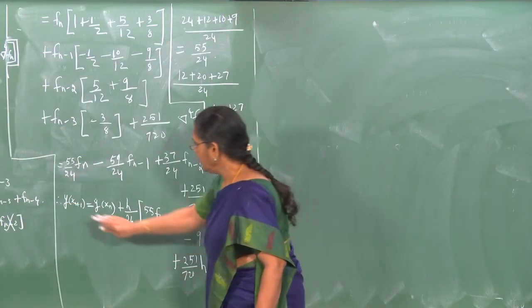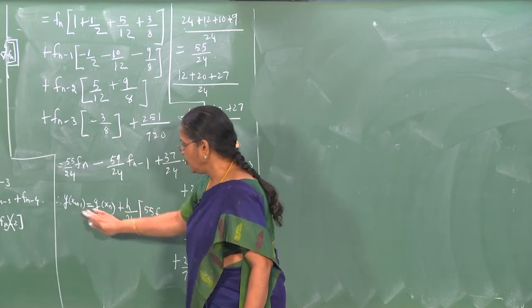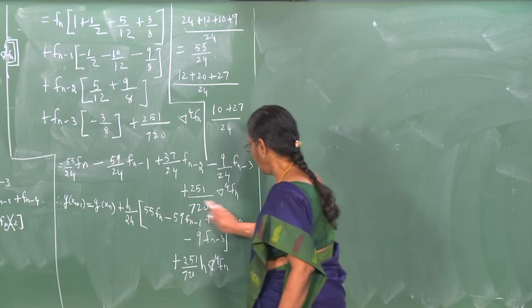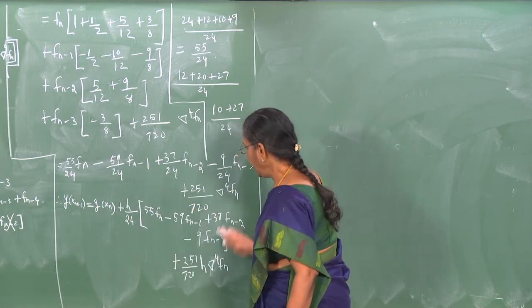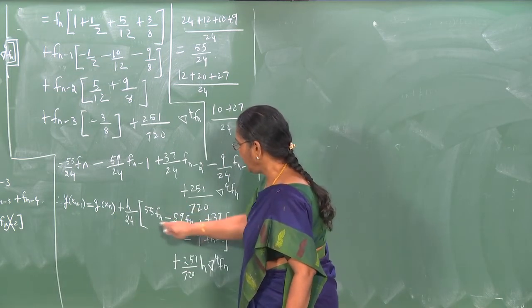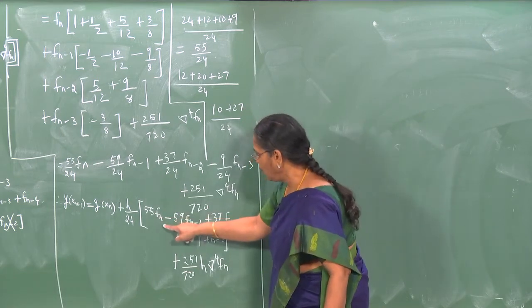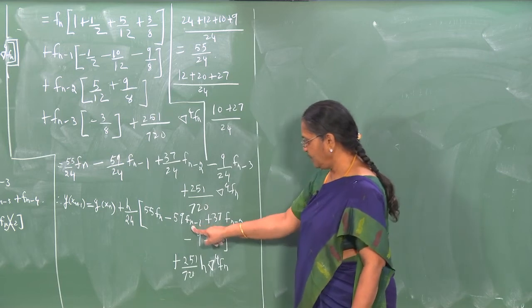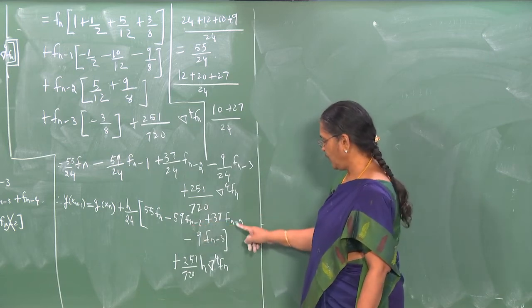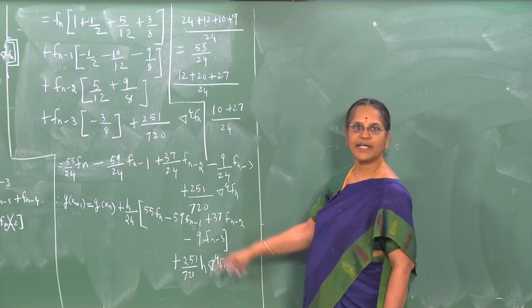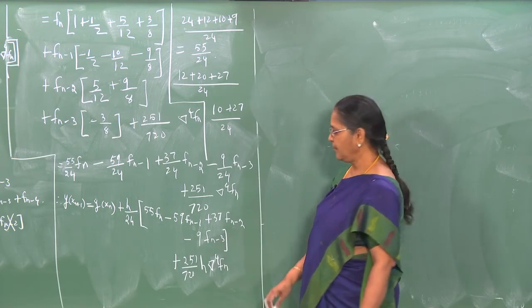Thus, we have y at xn plus 1 given by y at xn plus h by 24 into a linear combination of the function values f of x comma y at xn, yn, at xn minus 1, yn minus 1, xn minus 2, yn minus 2, and xn minus 3, yn minus 3.